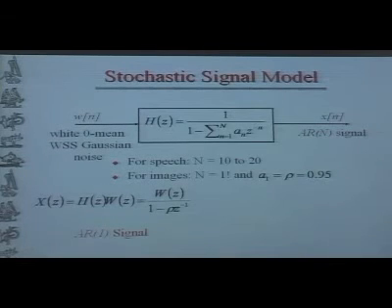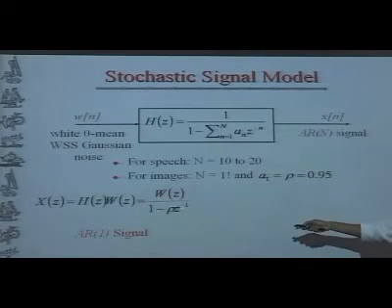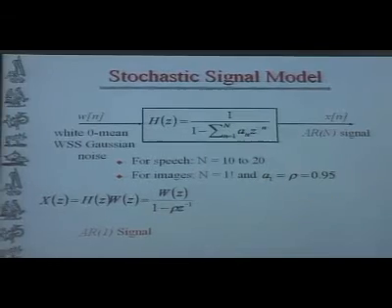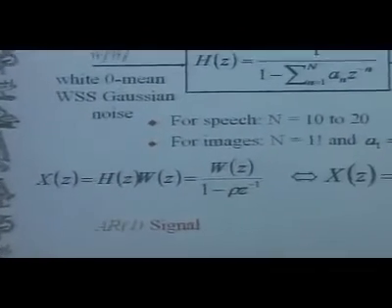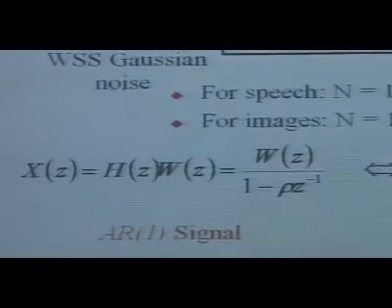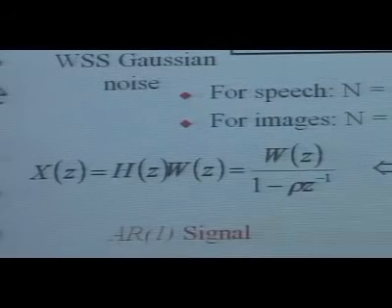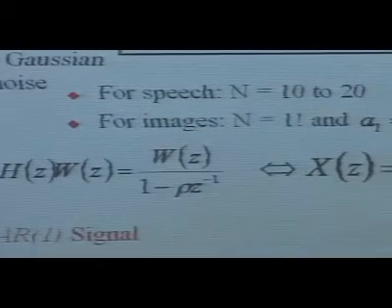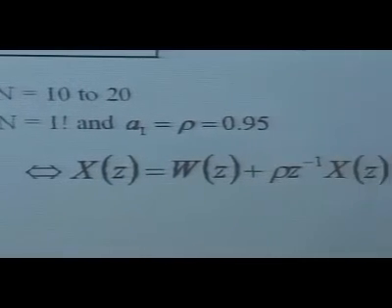Multiply in the z domain or frequency domain, and if I substitute everything in, I have W(z) over 1 minus rho z^-1, because this is the AR1 model. Okay, now simple manipulation gives me X(z) equal to W times this, so I will have W(z) plus rho z^-1 X(z).